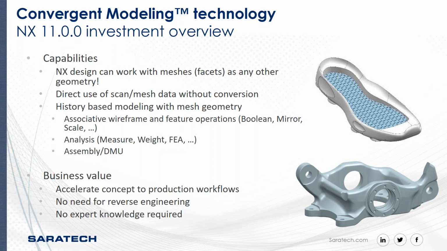So any associative wireframe and feature operations, like if you use a Boolean function to subtract and unite, which I'll be showing later on, mirror, scale, or doing any analysis or assemblies, you'll see in your history. And the business value: no expert knowledge is really required. For reverse engineering, once you convert it into a convergent model, there's very minimal work to be done in terms of cleaning up your geometry, and it accelerates concept to production workflows.